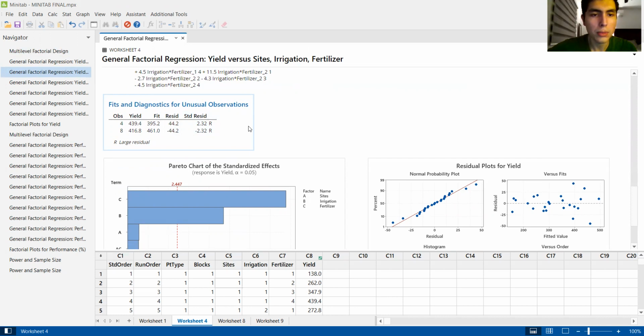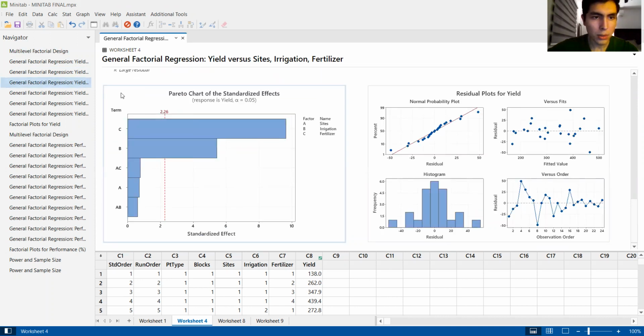So what I would do to manage these unusual observations is just to write it down on the report, so the people that made the experiment can take a look at these observations and maybe check their equipment or their technique on making the experiment.